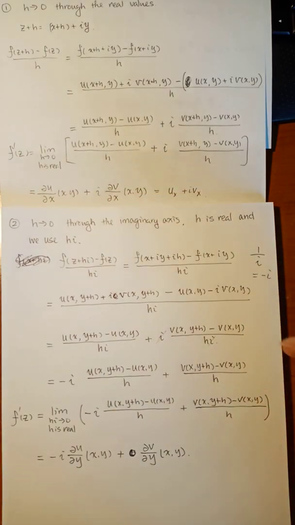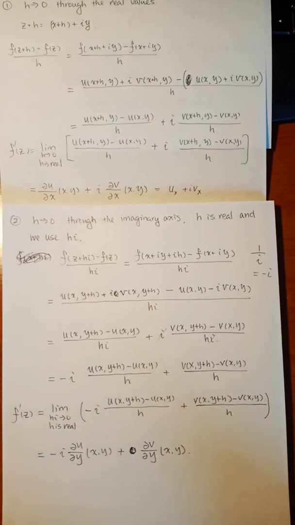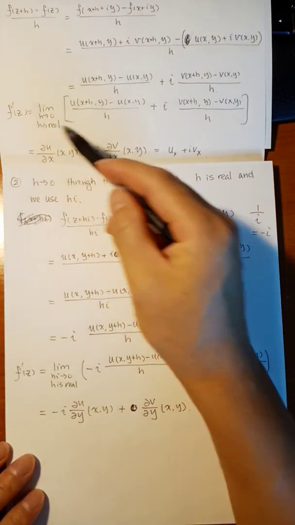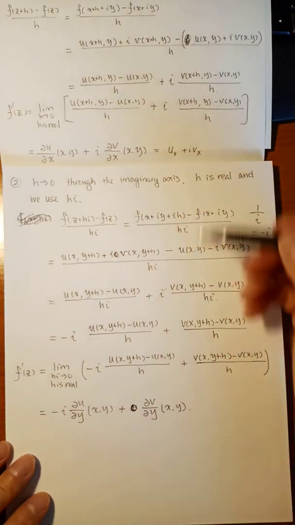That's the same process, but you just allow h to approach 0 either along the real part or along the imaginary part. Because they both give us f prime of z, they must equal each other.